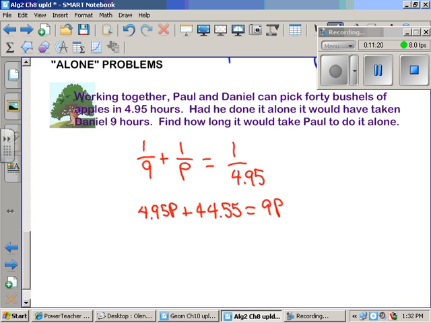Then I subtract 4.95p from both sides. That gives me 44.55 equals 4.05p. Divide by 4.05. And I think I get 11, right? Okay, 11.09.